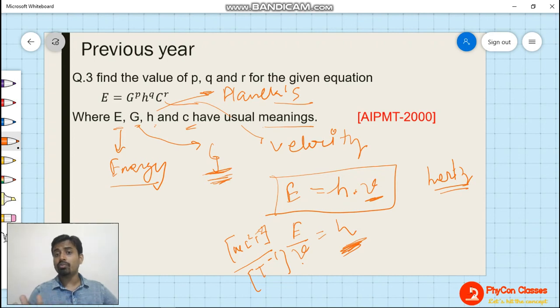I am not going to make any further video for these solutions because we have already done many things before. In the next lecture onwards I will be starting a new chapter, and I am thinking of starting with the mathematics part, because if I start kinematics you need to know the basic mathematics that is going to be used in physics, and in that differentiation and integration is very, very important.